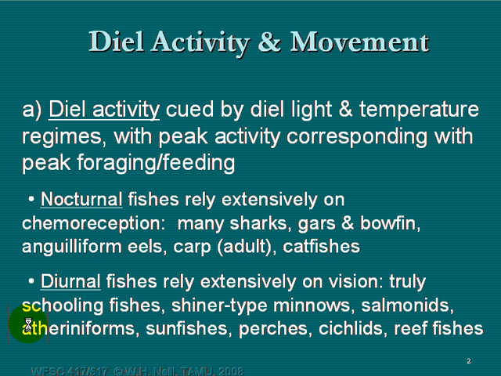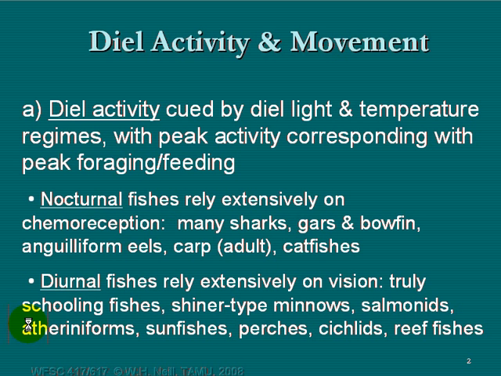Diurnally active fishes are more visually oriented, and fishes that we think of as being truly schooling, and in the case of freshwater fishes, even ones that aren't truly schooling like the herrings, but things like the shiners, the Notropis genus, for example, and the minnows.